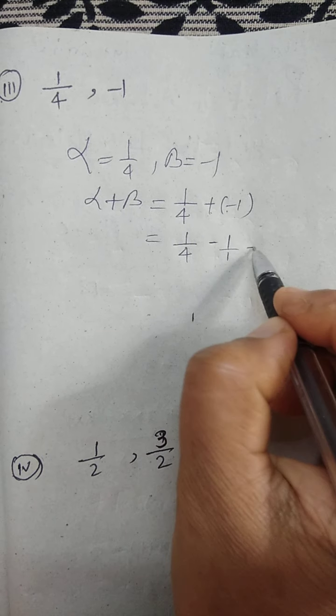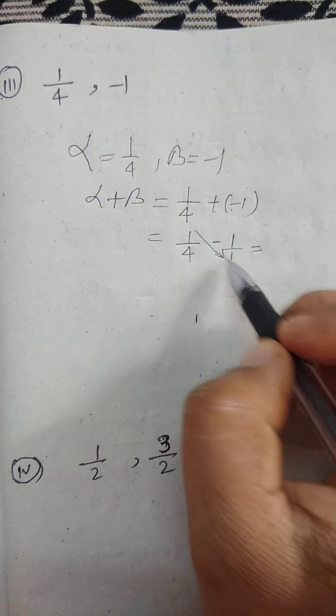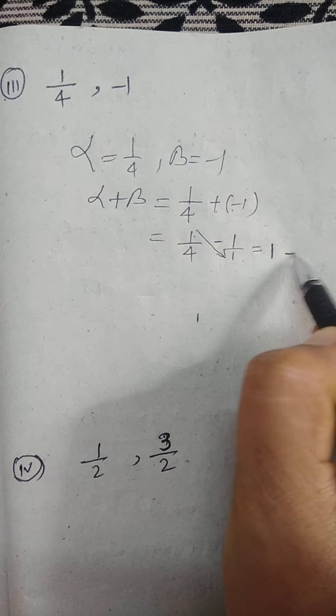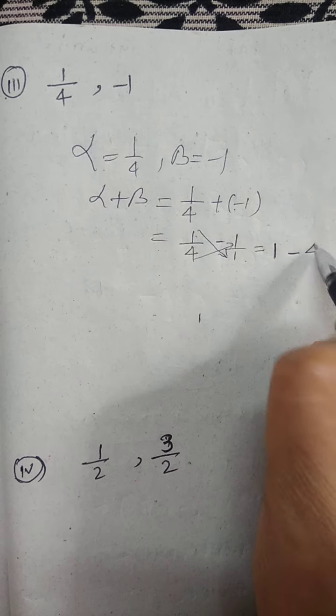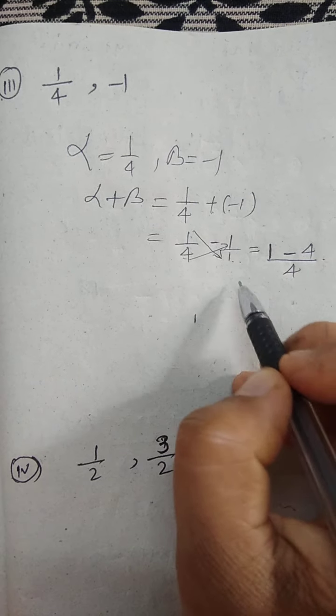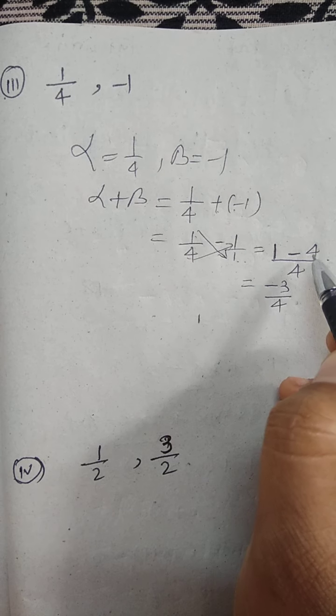Now you cross multiply and solve. First the principal diagonal. Multiply first this principal diagonal. 1 ones are 1, minus 4 ones are 4, upon 4 ones are 4. So you get here minus 3 upon 4.